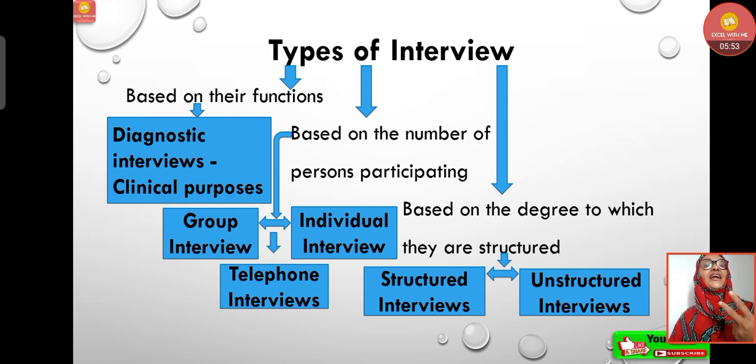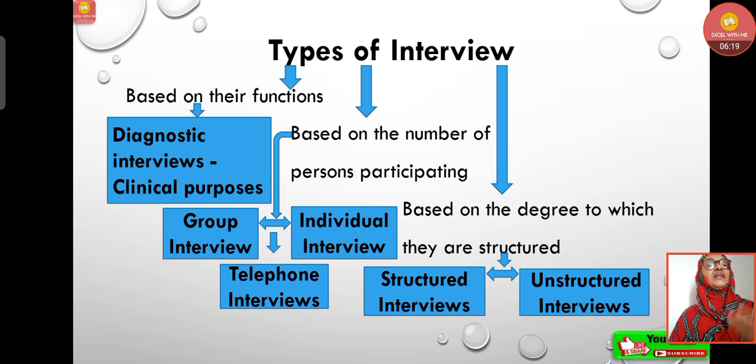Then based on the number of persons participating, that is group interview or individual interview, and also telephone interviews. Then based on the degree to which they are structured, that is structured interviews and unstructured interviews.